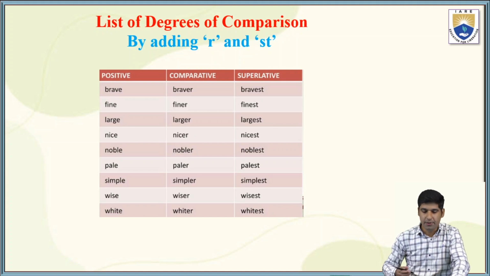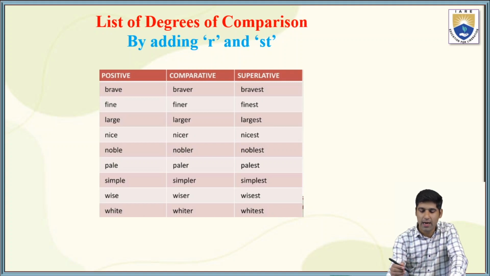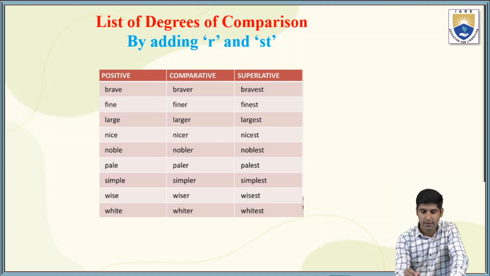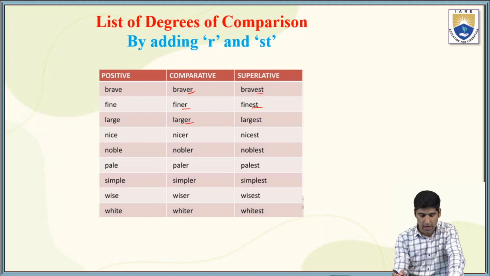Then the list of adjectives where we only require R or ST. Like we have brave here, so it requires only R, braver, and ST, bravest. Fine becomes finer and finest. Large, only R is required, larger, largest.